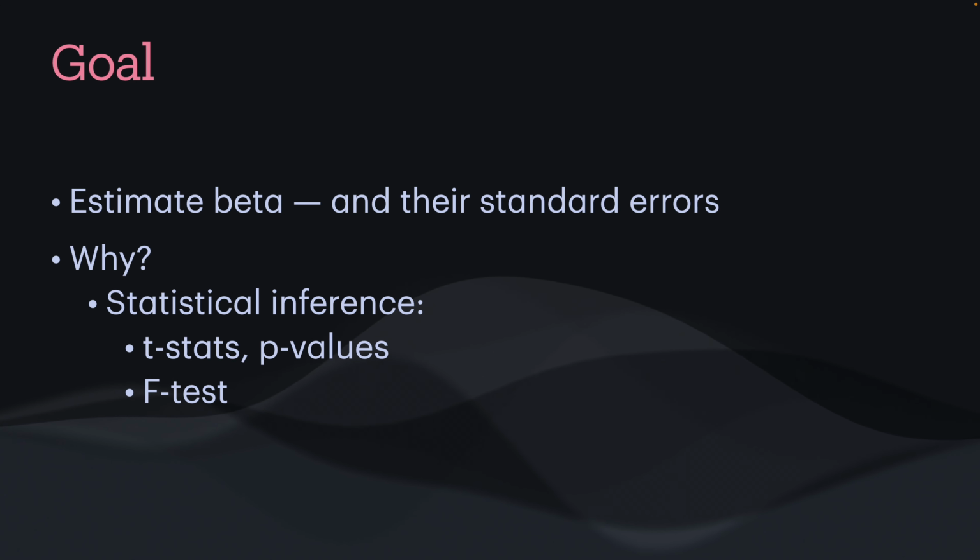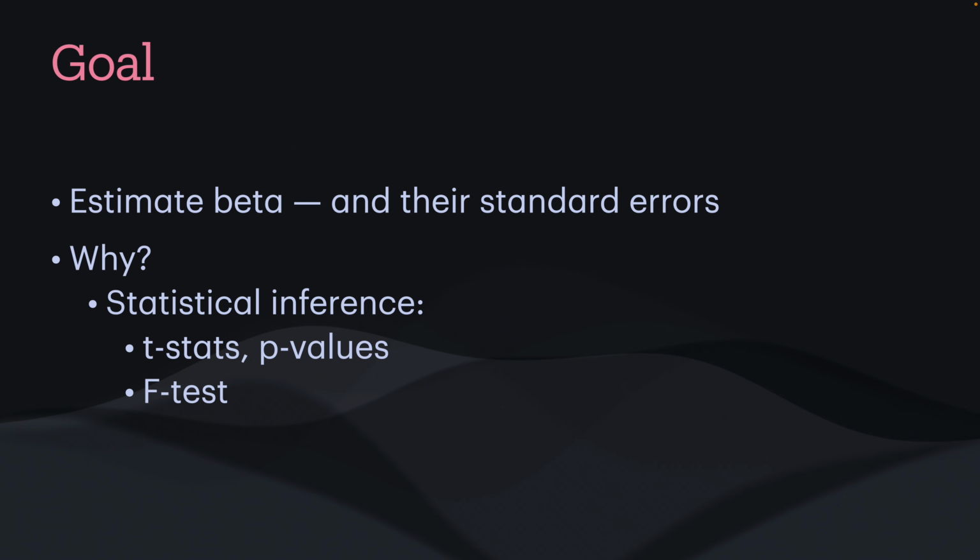Now, why do we care about estimating standard errors in panel data? Well, standard errors help us measure the precision of our estimators. Think of them as a gauge of how much we can trust the results of our models against different hypotheses. For example, we can test whether the coefficients are statistically different from zero using the t-test.